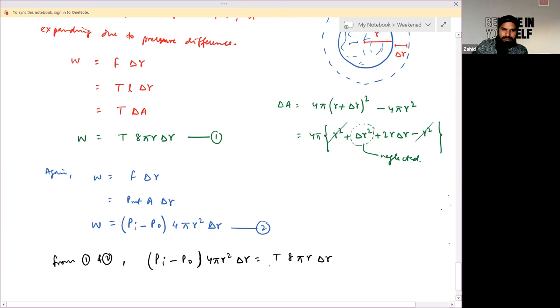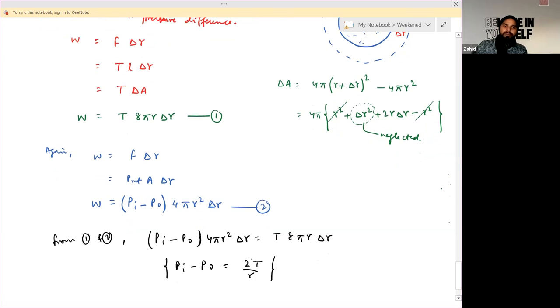On cancelling out similar terms, you will get Pi minus P naught equals 2T by r. So this will be your pressure difference due to surface tension for a drop.